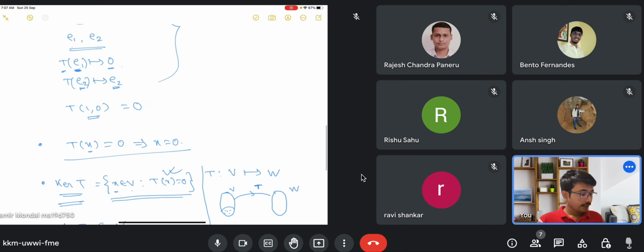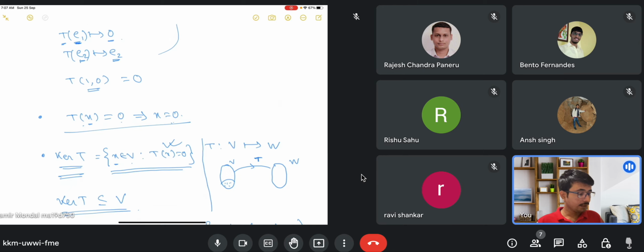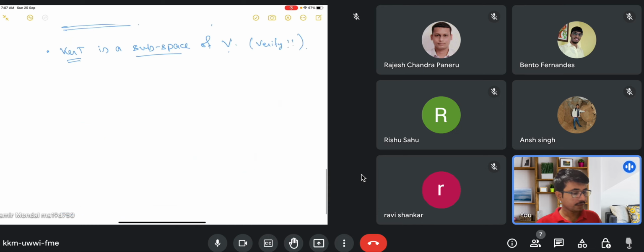So this was our condition, that we need T of x equal to 0 to imply x equal to 0. What will be our kernel of T if T satisfies this equation?